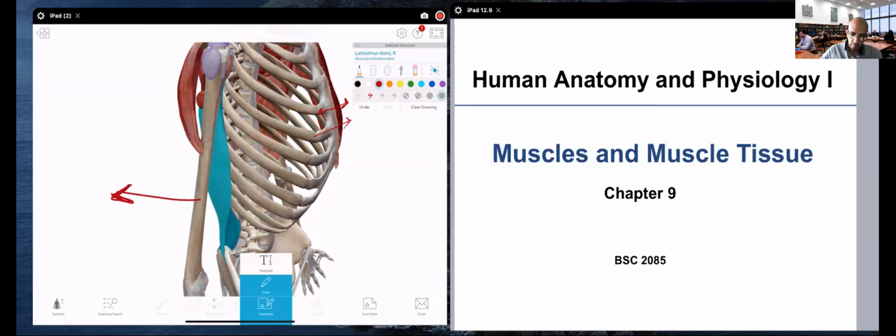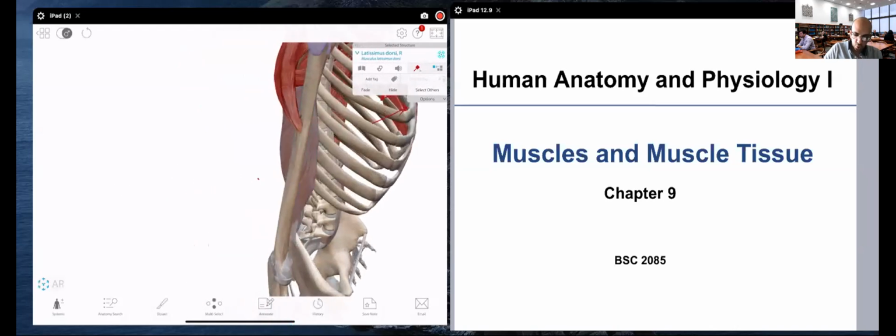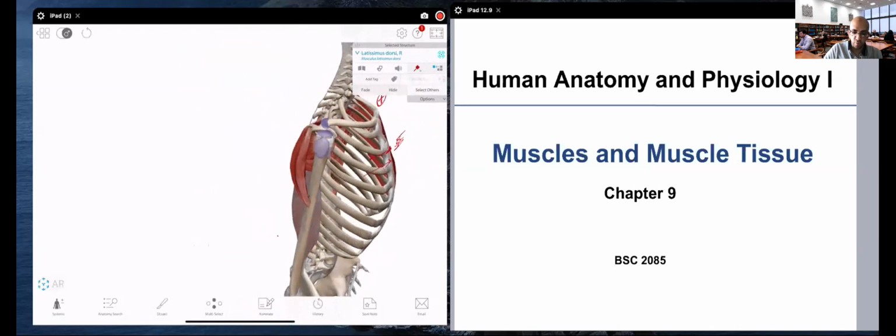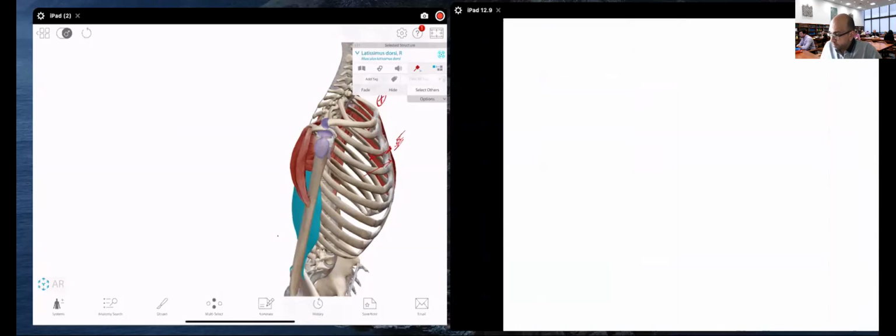So again, for those of you who are still confused about the movements on here, it's so critical to understand the movements. So let me draw on the other tablet. This is my arm, like this.